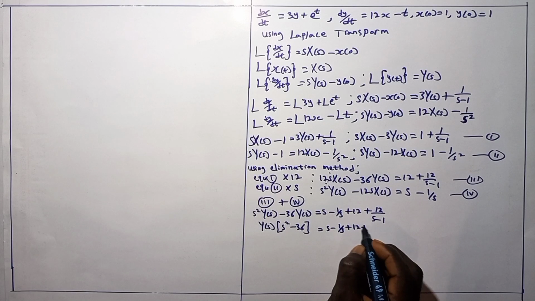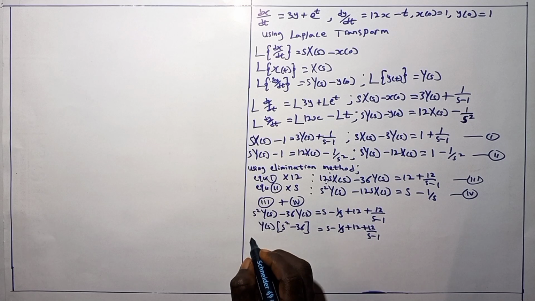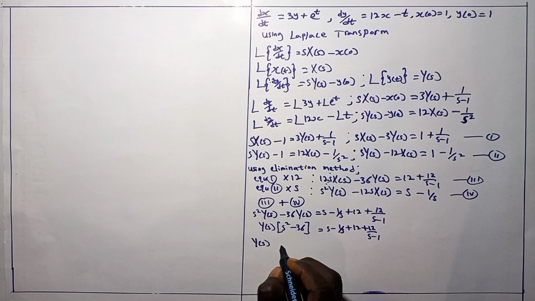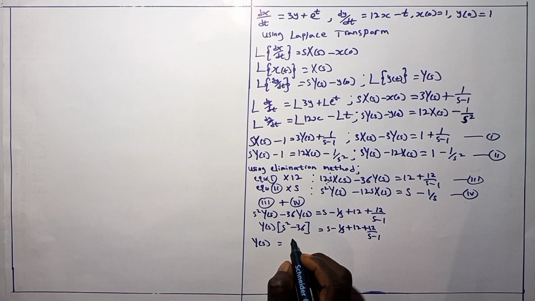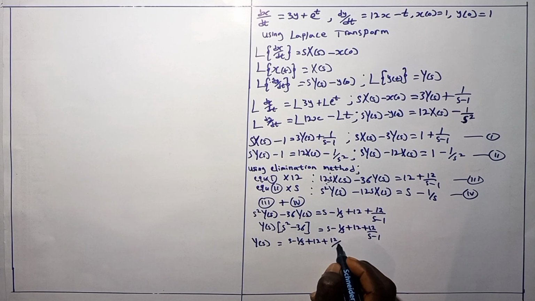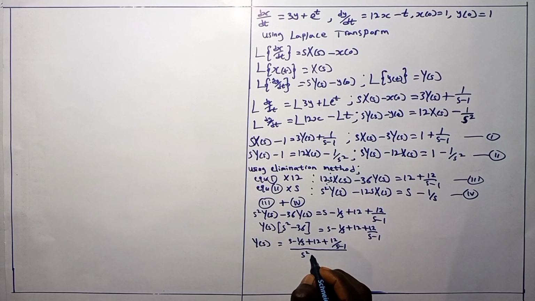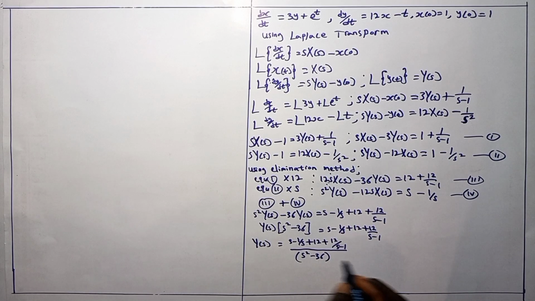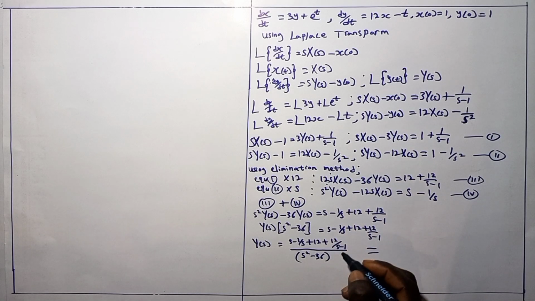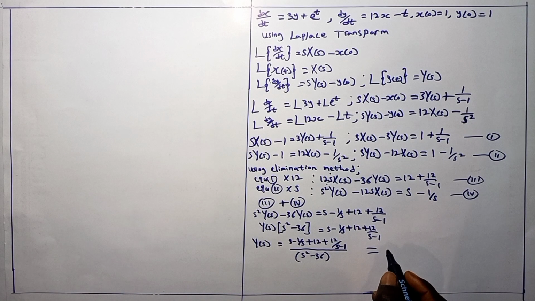Then isolate y of s, we have s minus 1 over s plus 12 plus 12 over s minus 1, all over s squared minus 36. Let me simplify. This is s, not 5, s not 5, please.